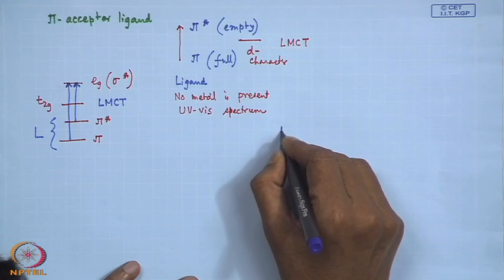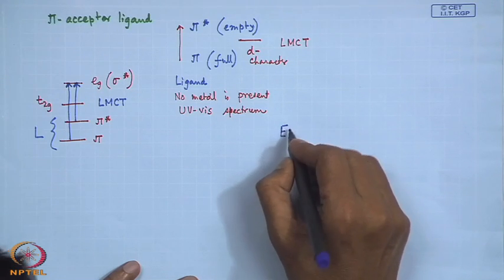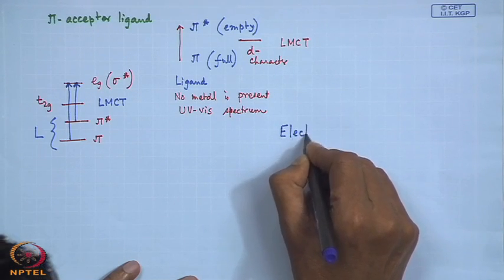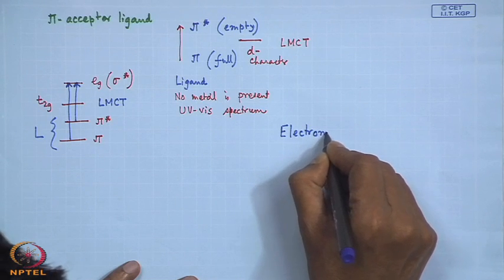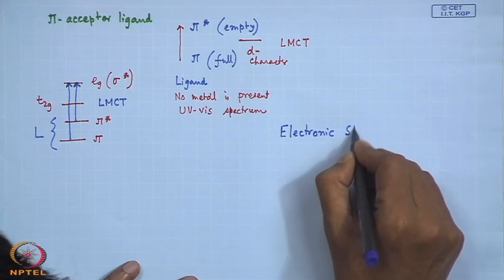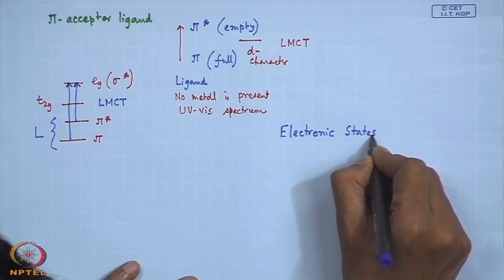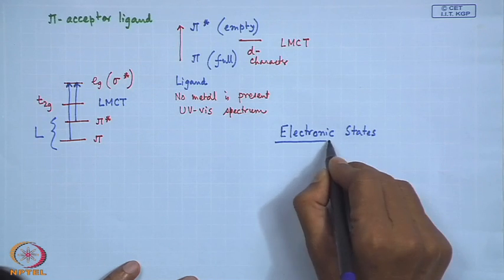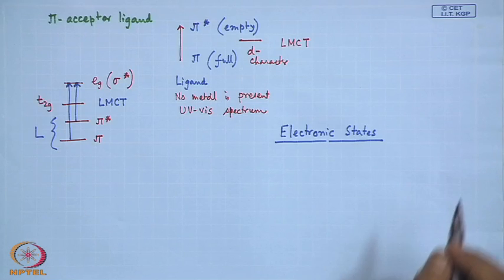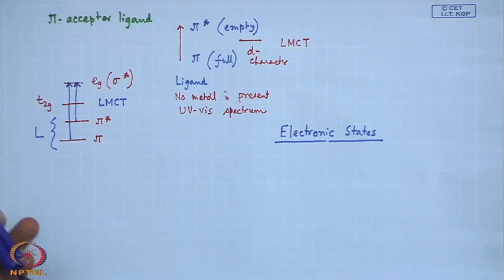So, we will now go for the different term symbols for these different electronic states. We can have several electronic states, and these electronic states are responsible for these transitions.